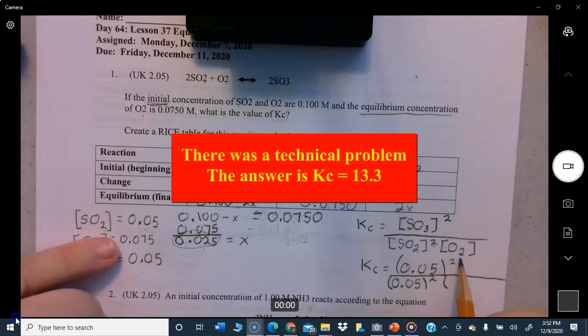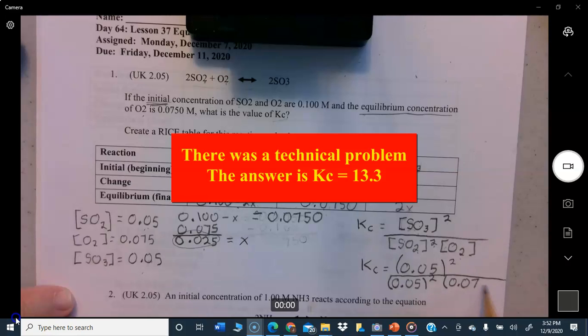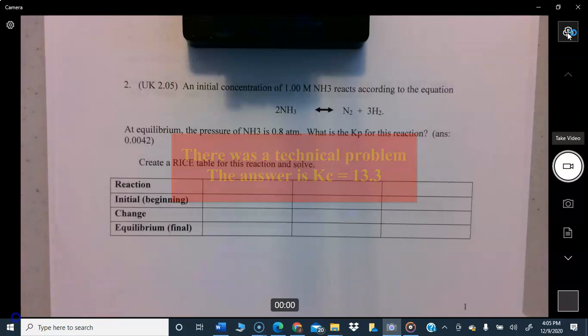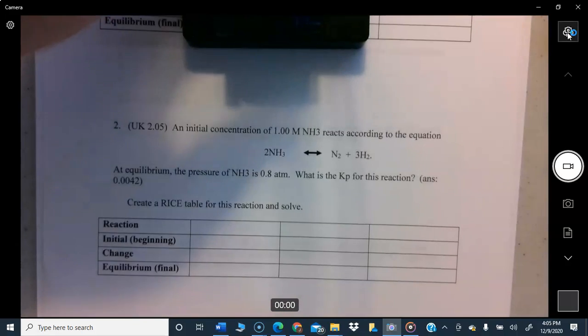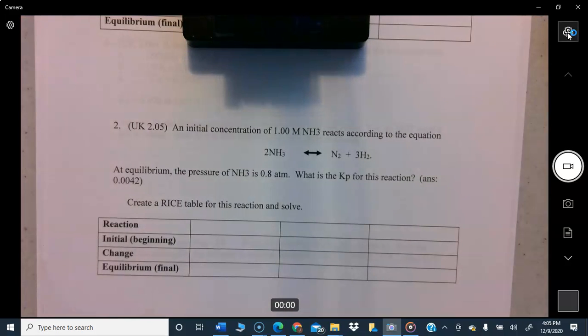Okay, and O2 right there is this, to the first power. Okay, and now it's just math, so I'll come over here and write my answer. Okay, here we go. We are going to go on to number 2 now.